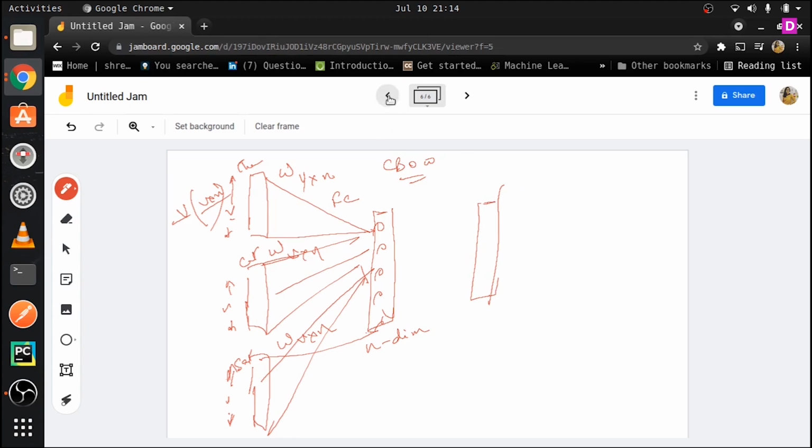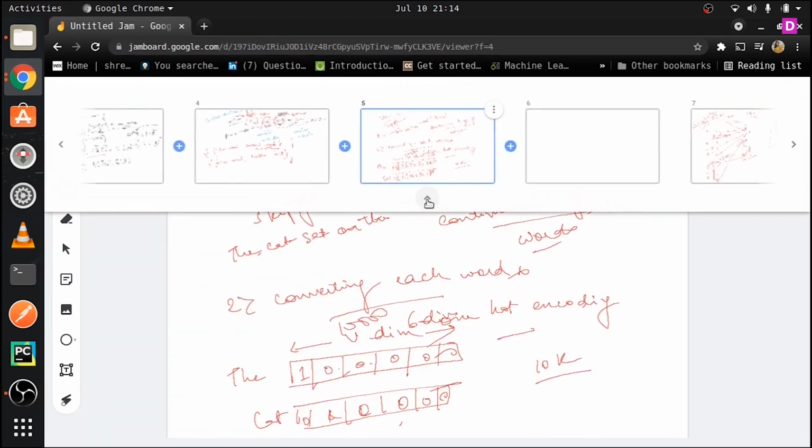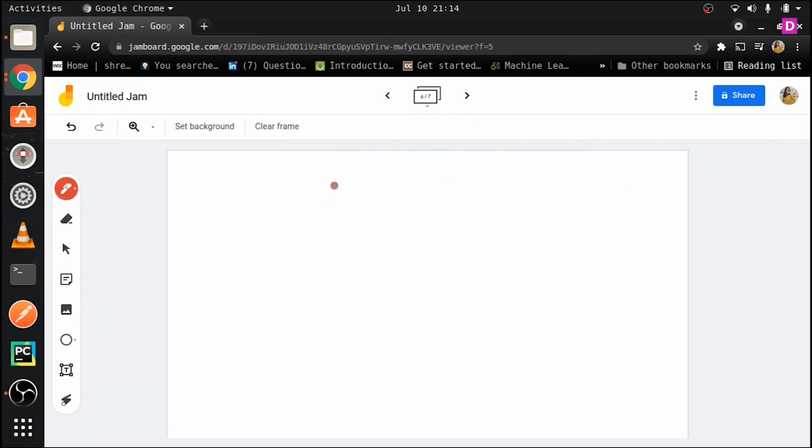So okay, I forgot to mention this, but here is the thing. When we talk about CBOW, the whole point of CBOW is basically, given different context words, you have to predict the focus word. So that is the basic thing in which this whole thing works.